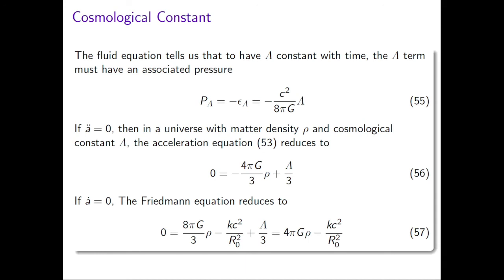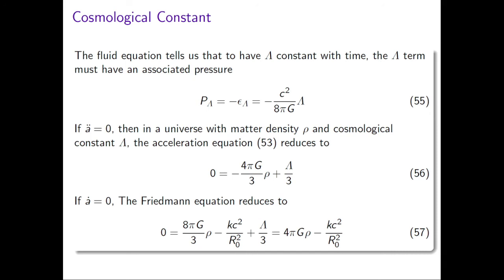So then the repulsive force is greater than the attractive force, as we can see here, right? As time progresses, the energy density of the matter content in the universe will decrease, but the energy density of the cosmological constant remains constant throughout time.